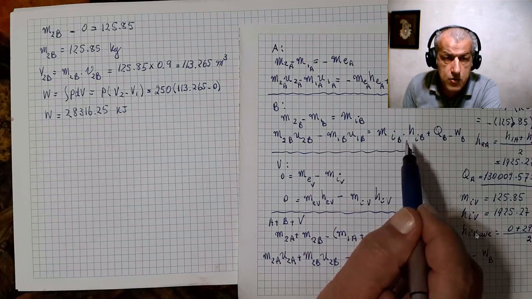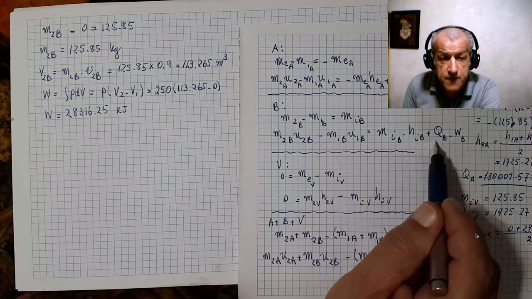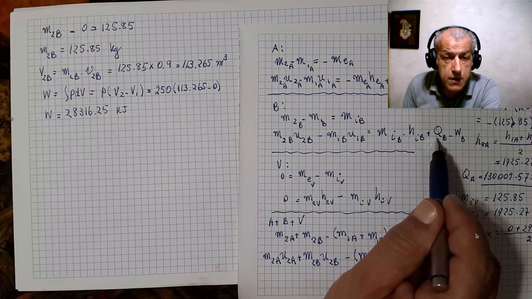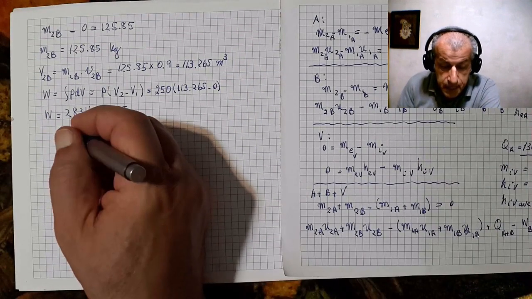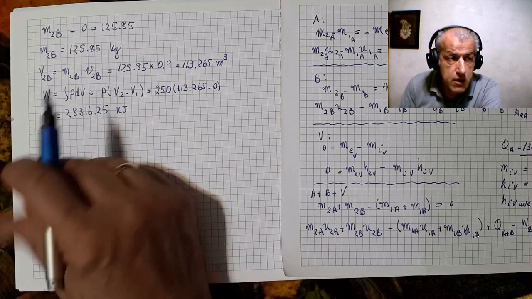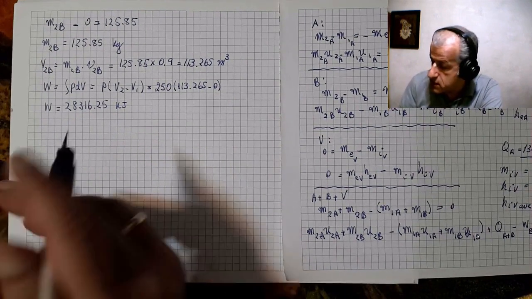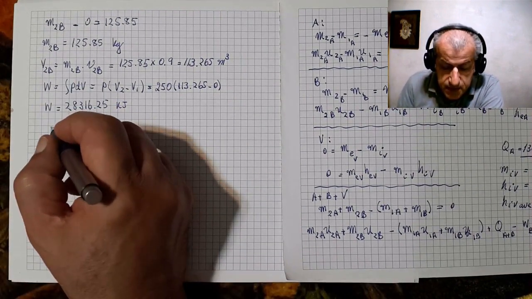Okay, as you see, we now have everything in the first law for B, and the only unknown is the heat transfer. We could easily put numbers to the equation and calculate the heat transfer.